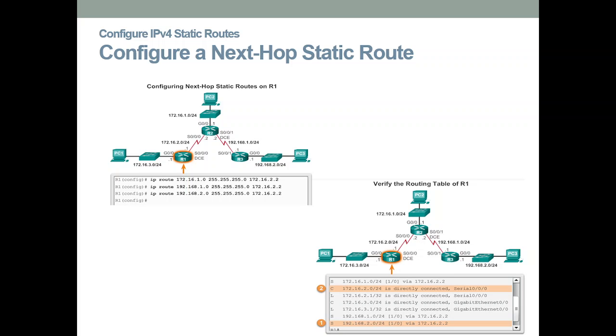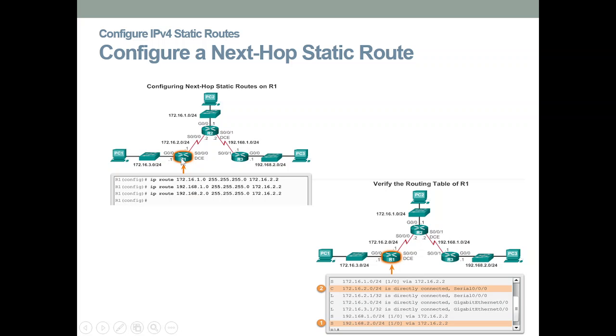In this slide we have a simple demonstration of how the static route is configured. If you look at this topology here, they are showing us how the static route is configured for this router 1.